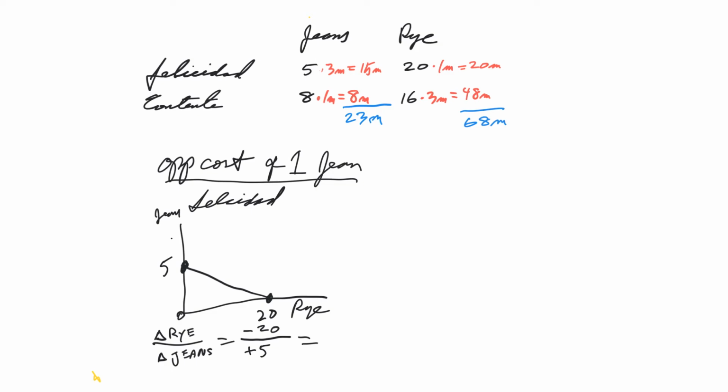Minus 20 divided by 5 equals, well, any number has a 1 under it, right? We usually don't put it there, but 20 divided by 5 is 4. Or minus 20 divided by 5 is minus 4. And we put the 1 under there, and that tells us 1 jean costs 4 rye. Okay, let's do the same thing for Contente.